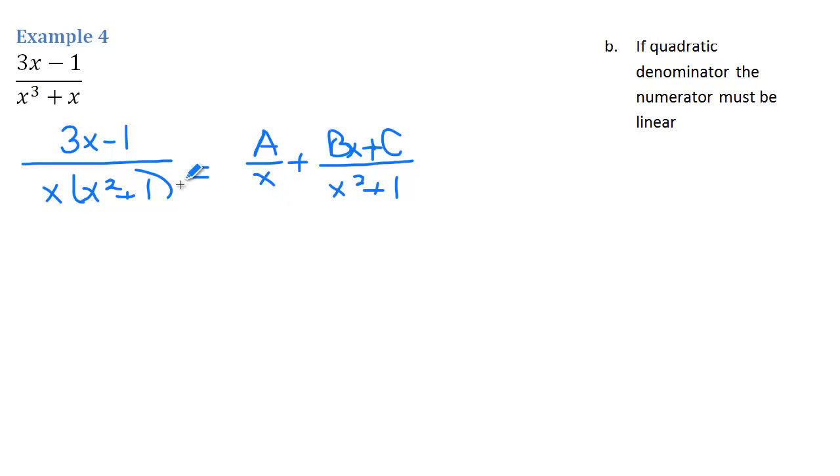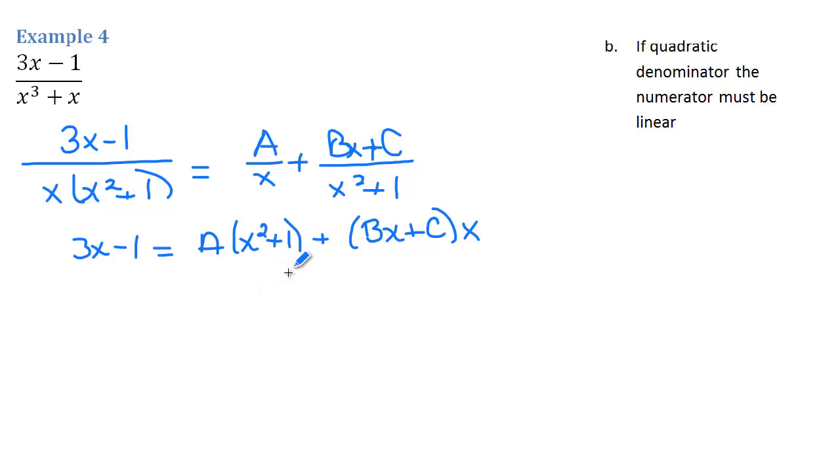So when we multiply both sides by the least common multiple, we get 3x minus 1 is equal to a times x squared plus 1 plus bx plus c times x.